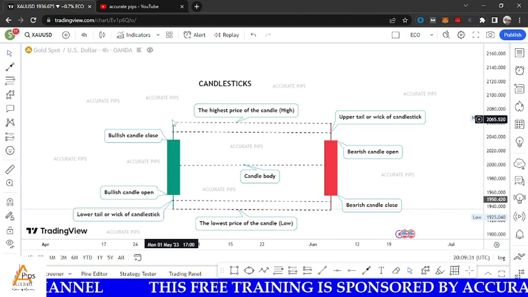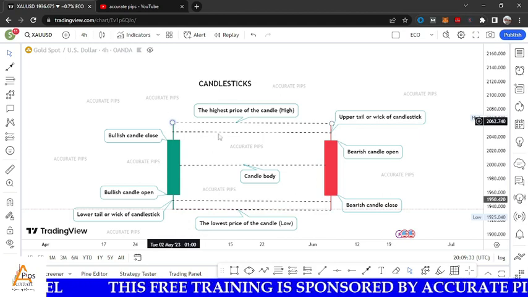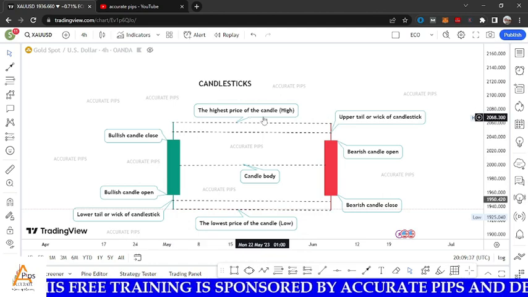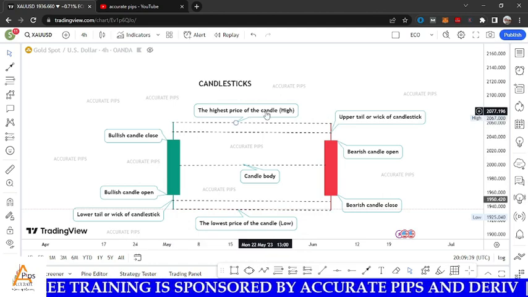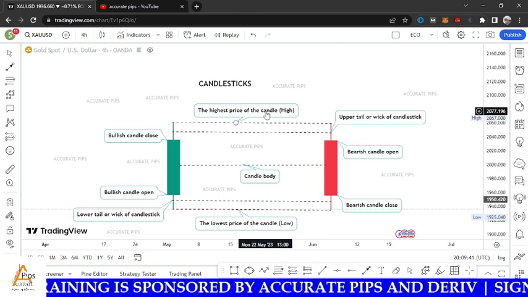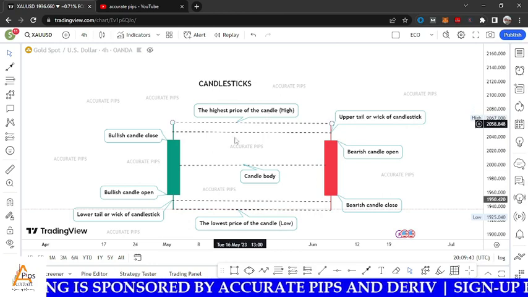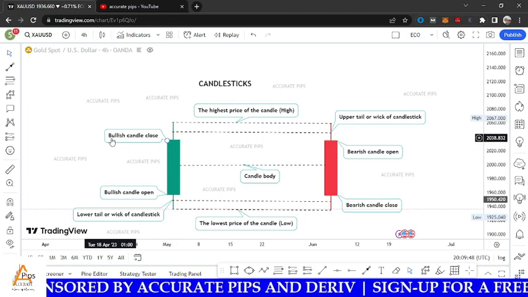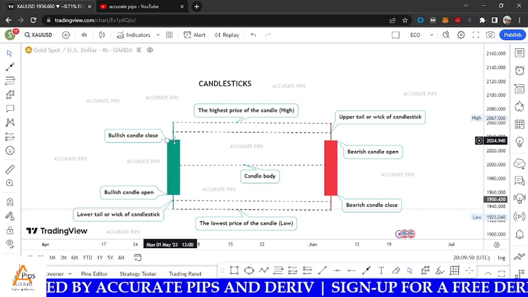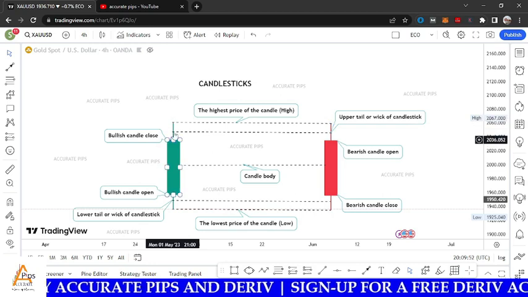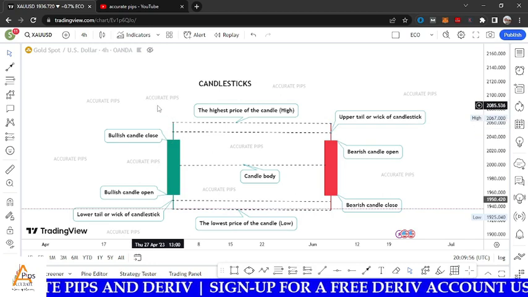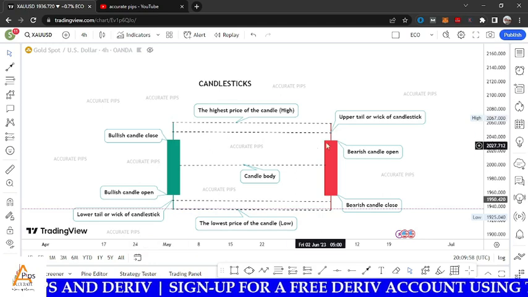The point here, for both candles, is known as the highest price of the candlestick, in other words, the high of the candlestick. Between the high and where the bullish candle closed is referred to as the upper tail or the upper wick of the candlestick.